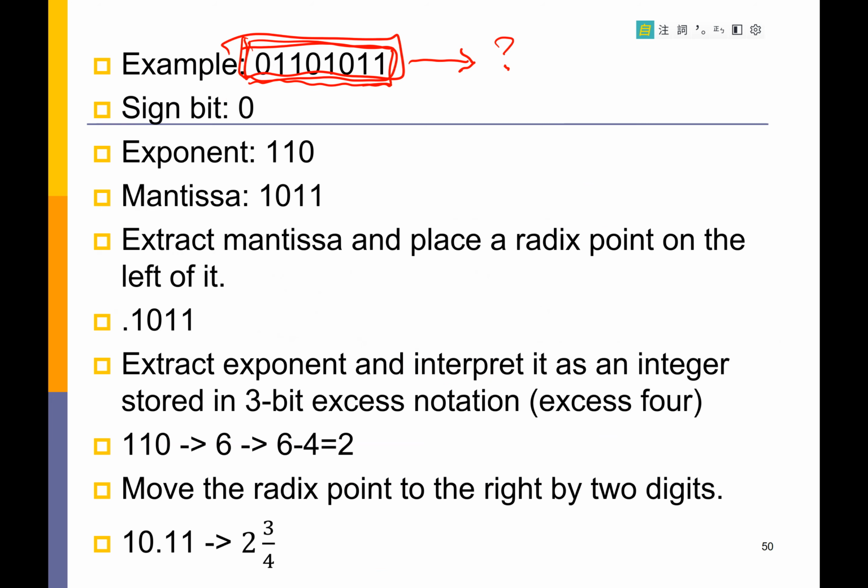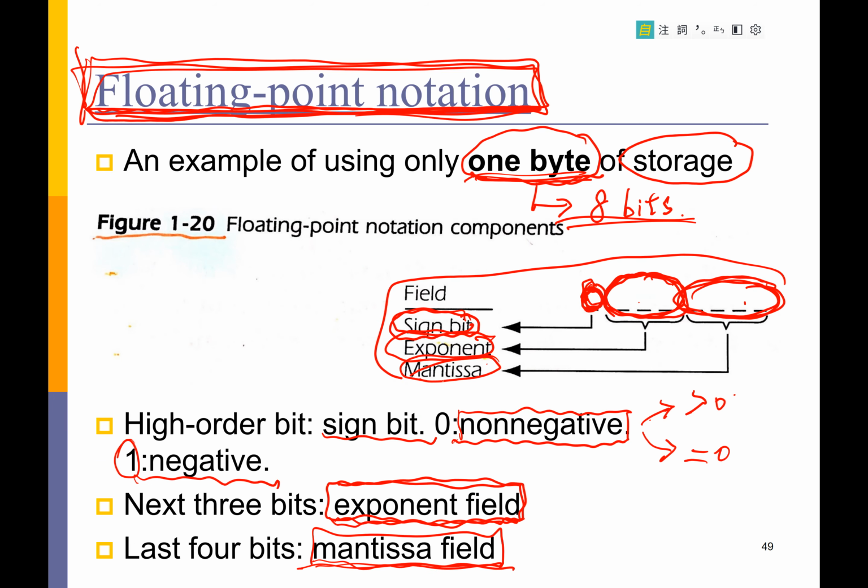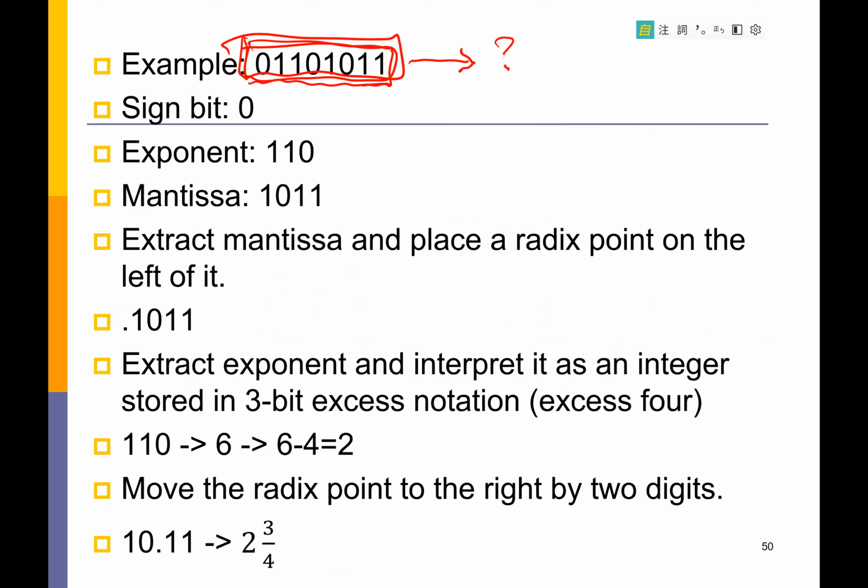Now, using this kind of convention, the first one is the sign bit. The sign bit is 0, which means this value is either positive or 0. In fact, it is not possible to be 0, because in the following bits, the Mantissa part is not 0.